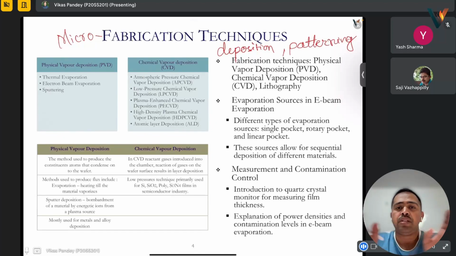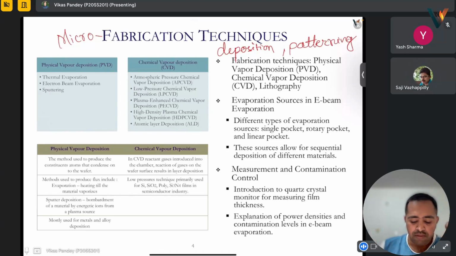We will just be discussing these two, though there are many steps before and after this, including cleaning and a lot of things. But mainly in this week, two things have been discussed: deposition and patterning.